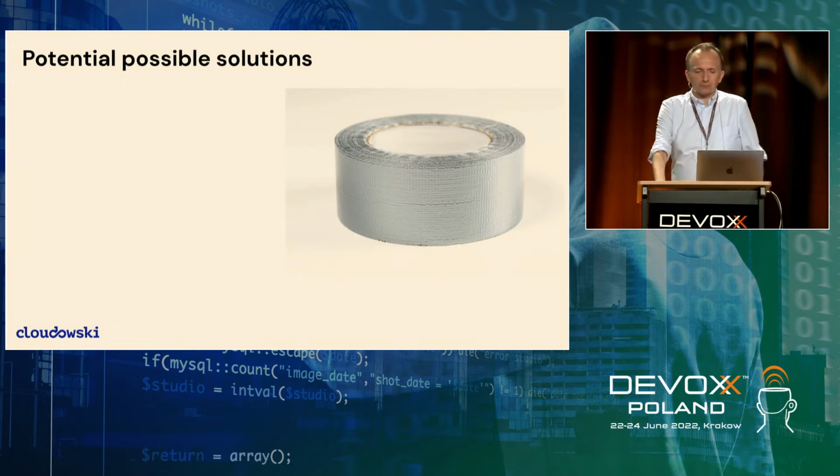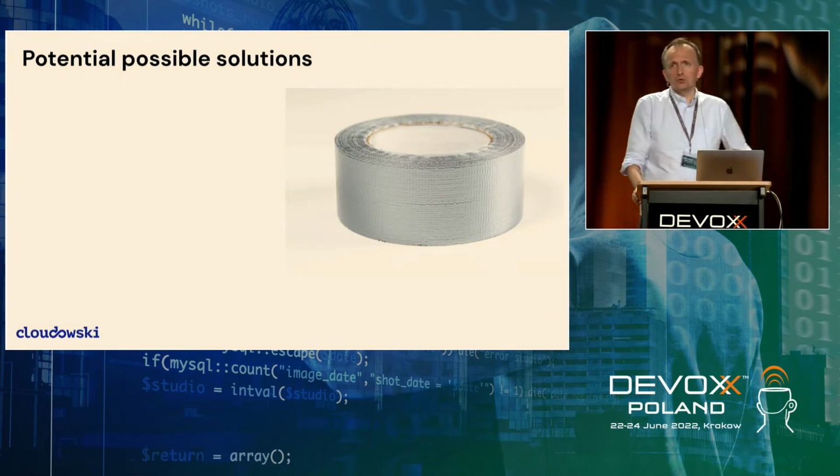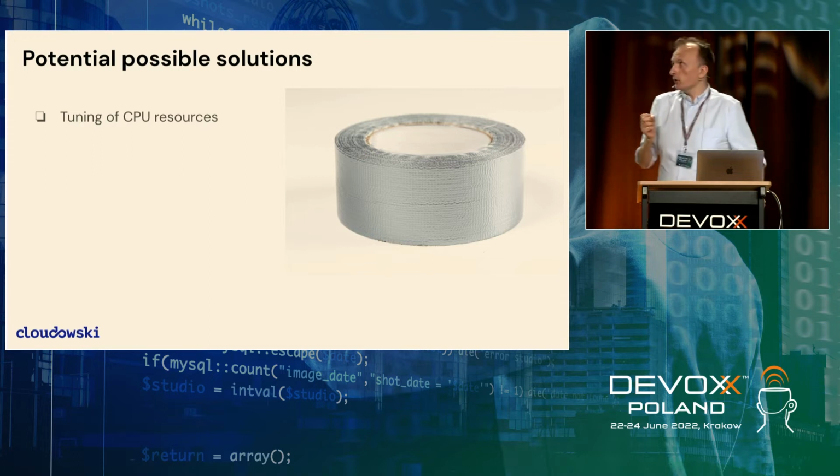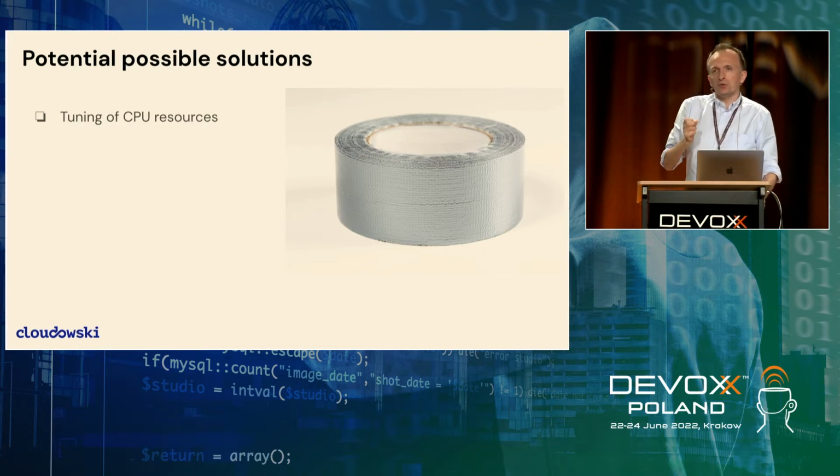So we tried to come up with some solutions to that problem. We first tried to tune our CPU resources. Of course, the more CPU resources you provide to your applications, to your Java apps running in containers, the faster they will start.